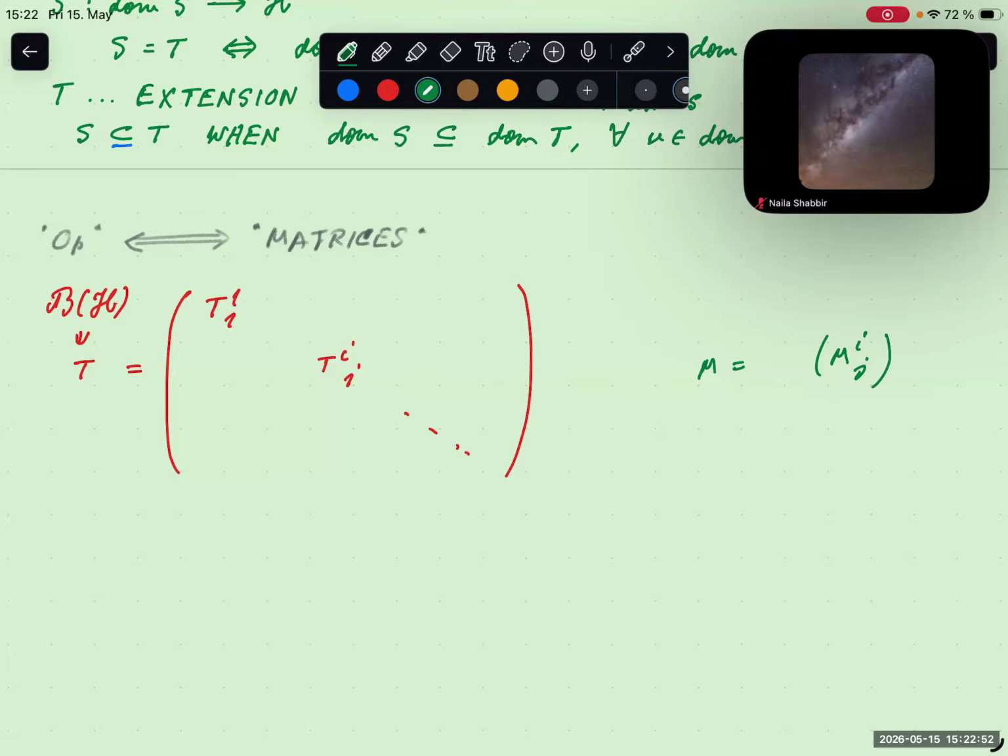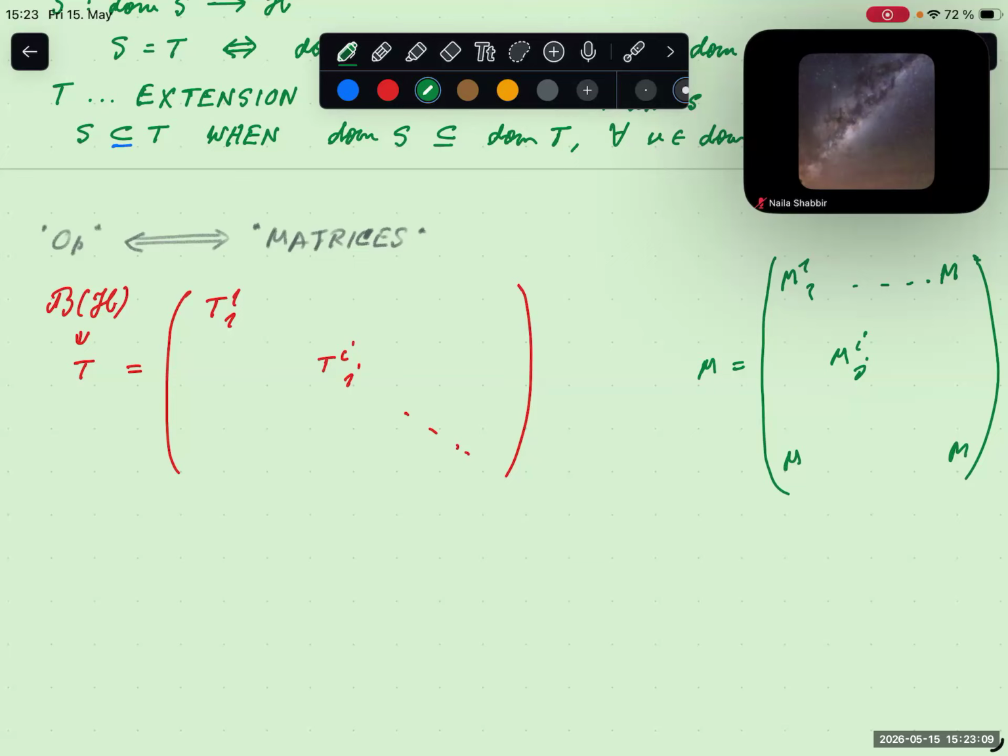So maybe I follow the earlier approach. Again, a matrix with entry 1, 1, but you have something here.